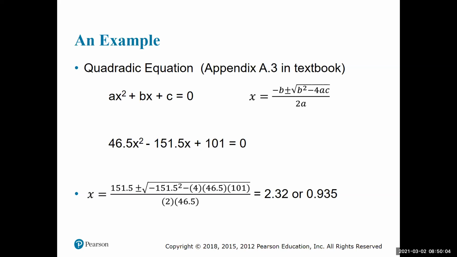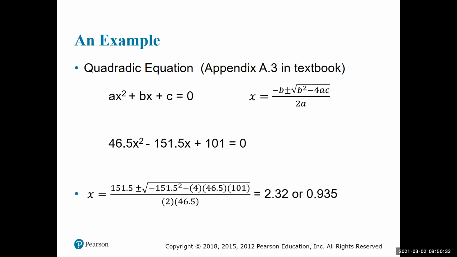And in this case, the 46.5 would equal that a value above, 151.5 would equal the b value, and 101 would equal the c value. So you would then plug those values into the x equals minus b plus or minus square root of b squared minus 4ac over 2a. You would plug those in, and then you would solve it.